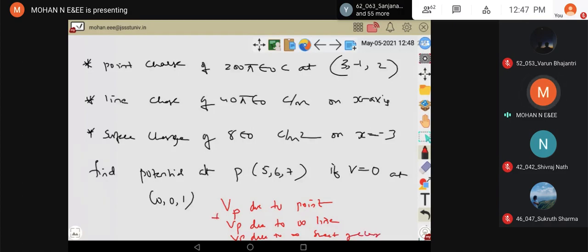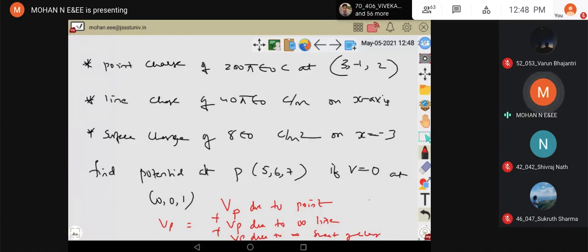Okay, you just add all these, you will get the total Vp. So this is the problem, and you are expected to calculate the potential due to each of the charges, that is point charge, line charge, as well as surface charge. Also, the condition is that you have to assume that the reference voltage is not at infinity but at point (0, 0, 1).